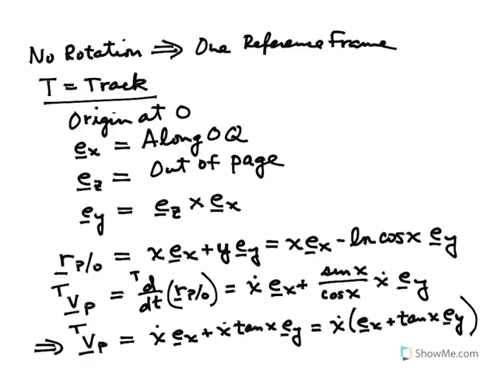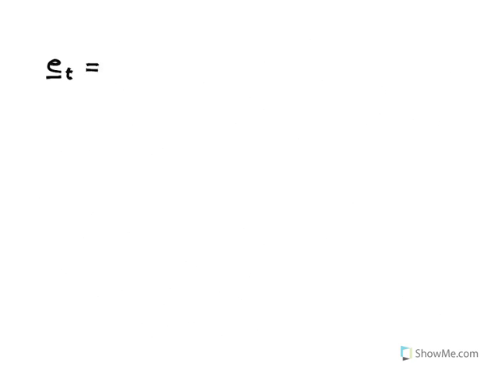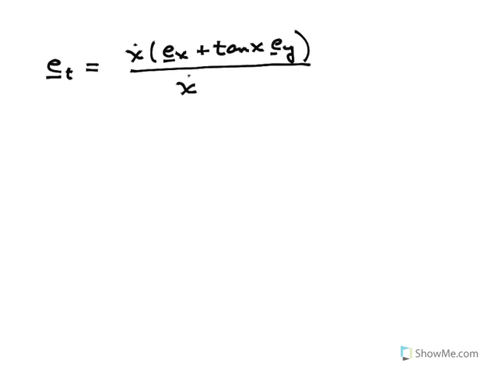So the tangent vector is going to equal the velocity, and the velocity is x dot times ex plus the tangent of x times ey, all divided by the speed, which is x dot times the secant of x.